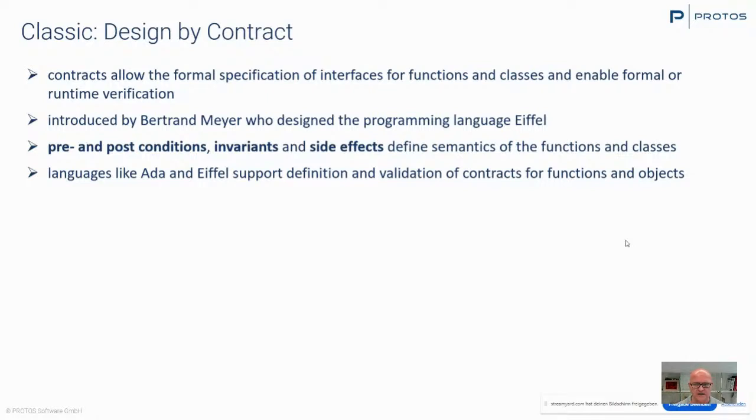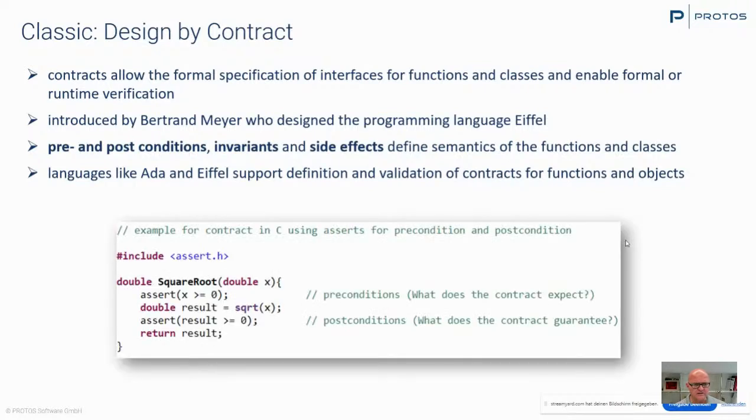But Ada has contracts built in. So let's have a look at an example in the language C. Most of you should be familiar with C. There is no mechanism in C for contracts.